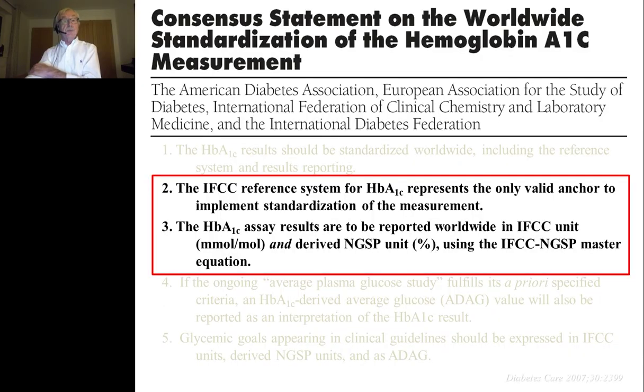And the consensus was that the IFCC reference system for hemoglobin A1c is the only valid anchor to standardize this measurement. And also hemoglobin A1c results should be reported worldwide in IFCC units, or more accurately SI units at millimoles per mole, and derived NGSP units percentages.